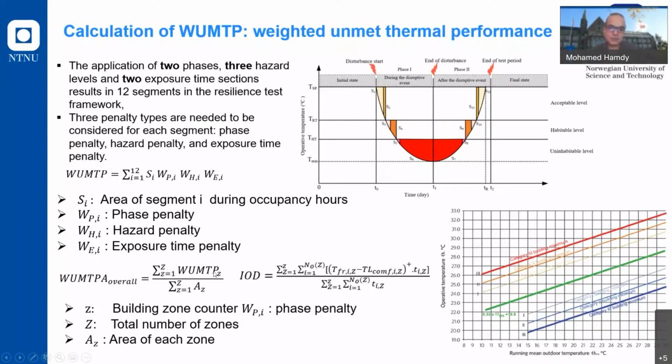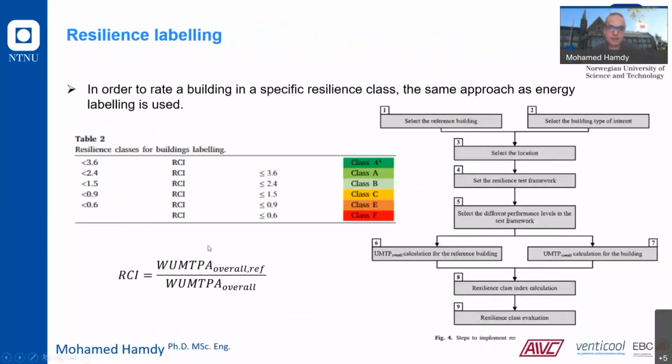In the end, we introduced this weighted unmet thermal performance indicator, considering 2 phases of resilience, 3 hazard levels, and 2 exposure times for each hazard level. With this new indicator, we assess it for a reference design and then for the design we have, and we can see the ratio, and based on the ratio, we can have different levels for this label system.